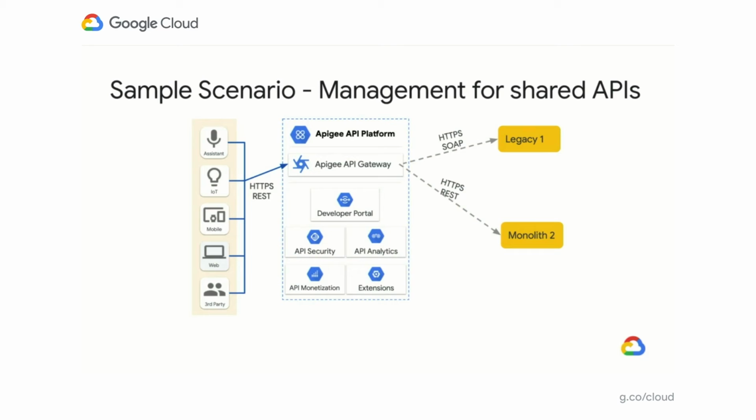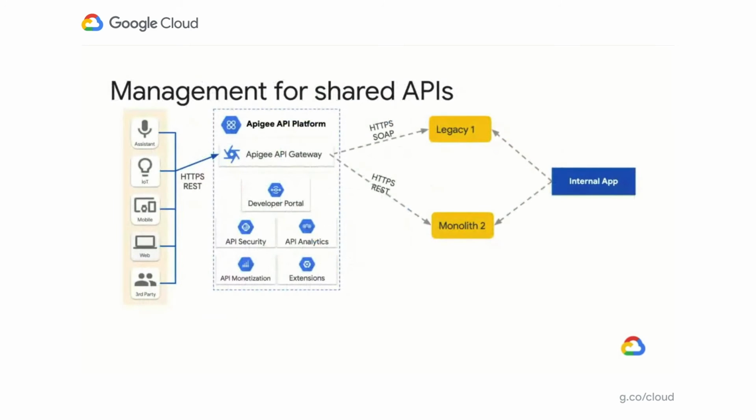The API layer acts as a switch to switch between different services in the backend. And then you have your internal apps. In most places, internal apps are directly going against the services. There's not much API management going on in that layer.